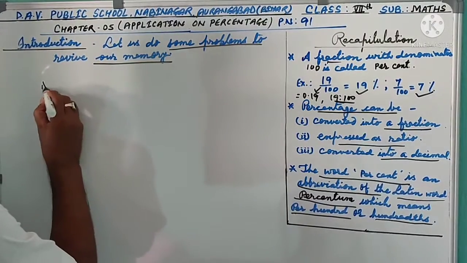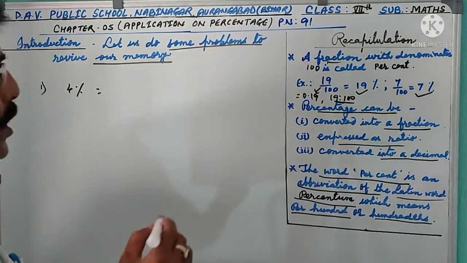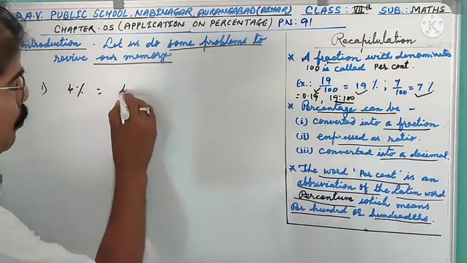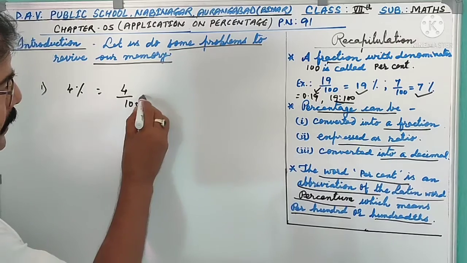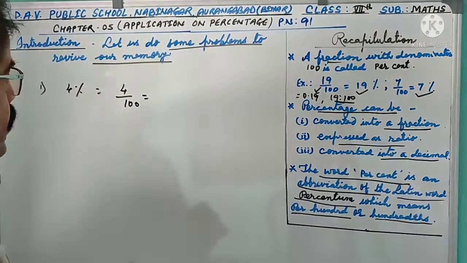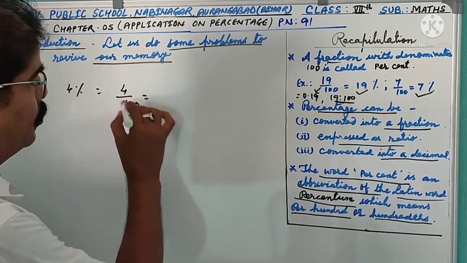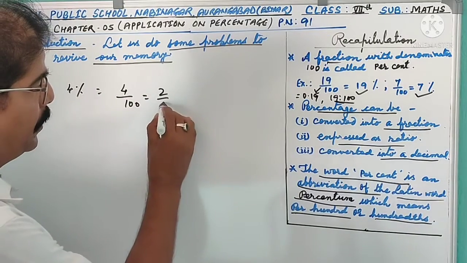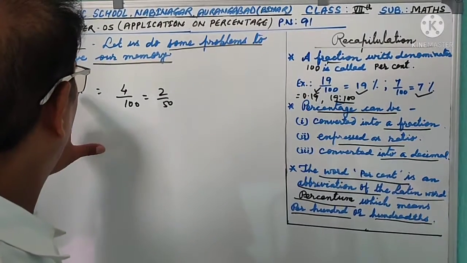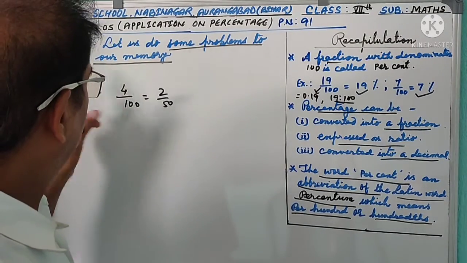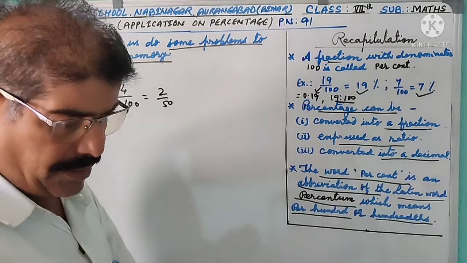Suppose 4%. First you convert into lowest terms. So 4%, that means 4 by 100. It is not in standard form, so you simplify. So you get 1 by 25. So first, revive our memory of 4% converted into lowest terms.